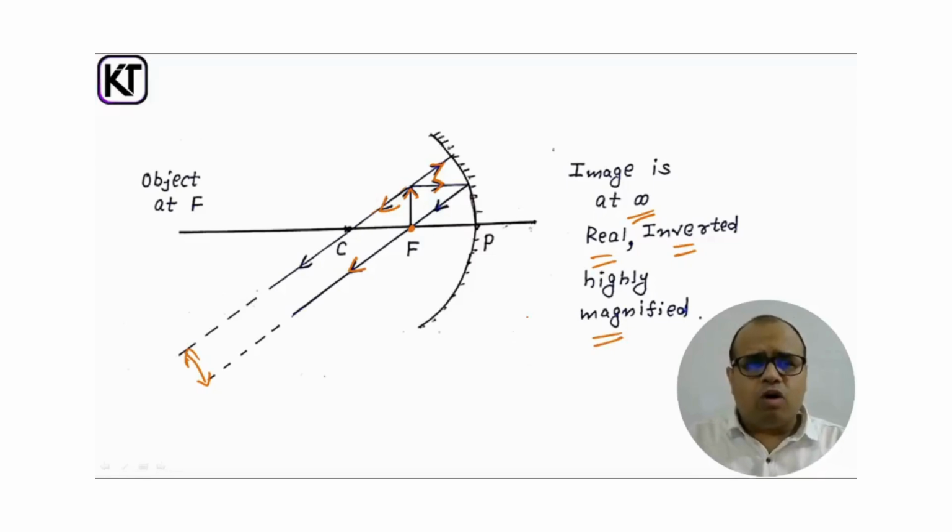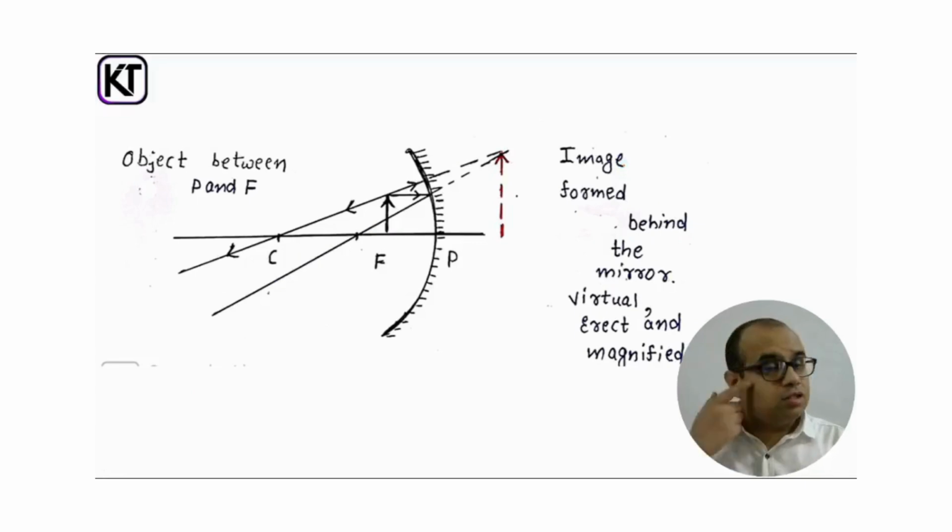Now up till now, in all the cases which we discussed, we actually obtained real images only. However, there is only one case in concave mirror when we will get an erect and virtual image. Let us talk about this particular case.